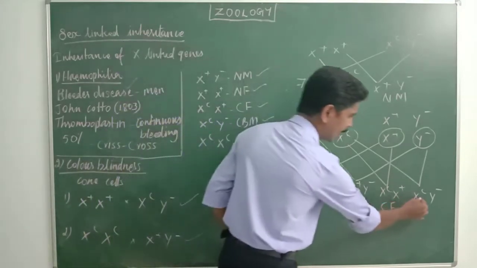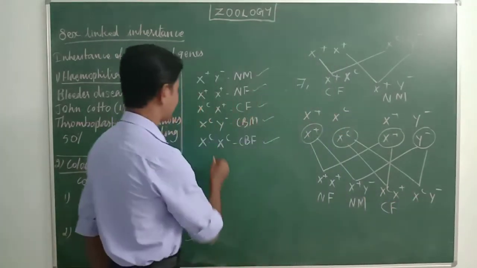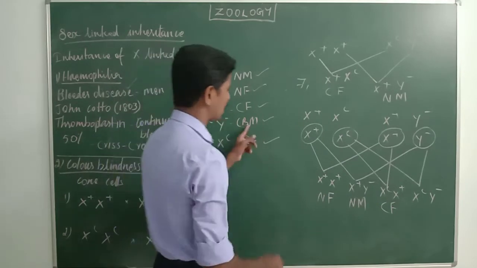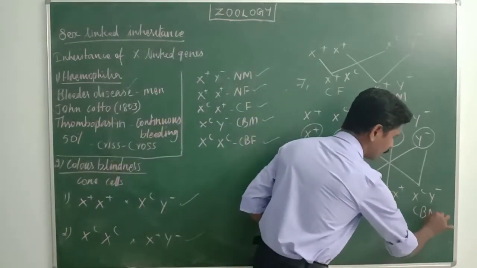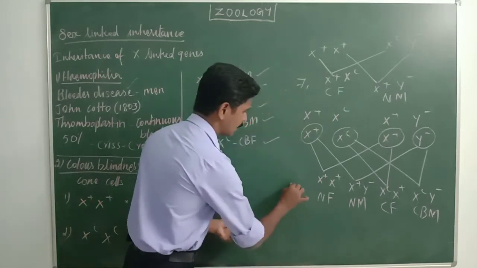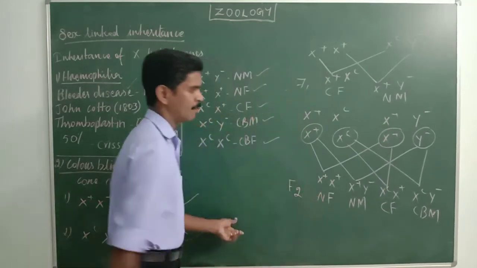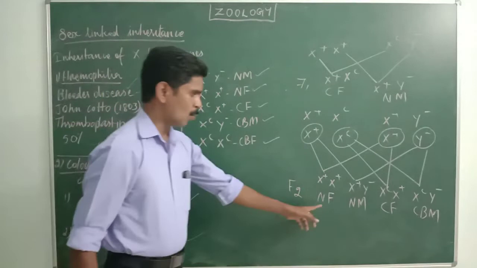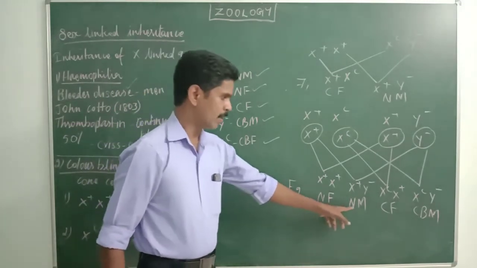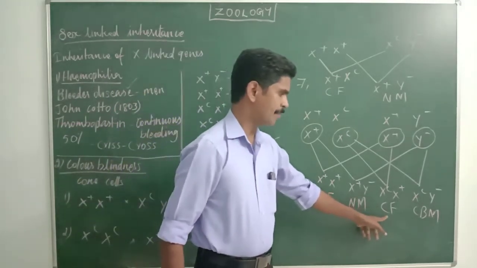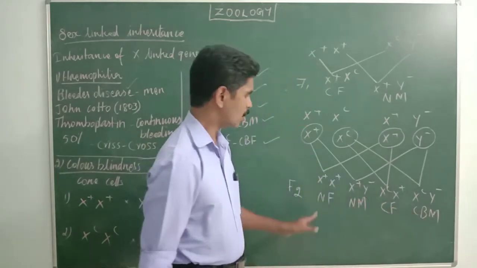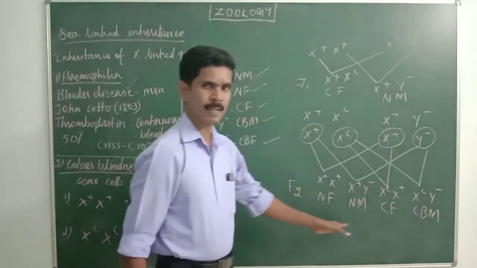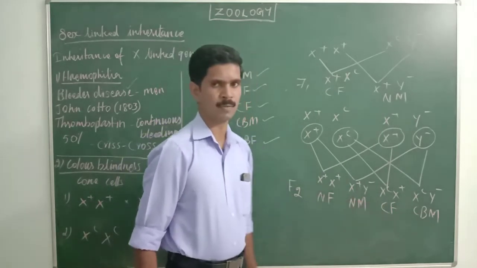And last, XC Y minus is a colorblind male. So in the second generation, we are getting one normal female, one normal male, one carrier female, and one colorblind male. We are getting the next generation in this ratio.